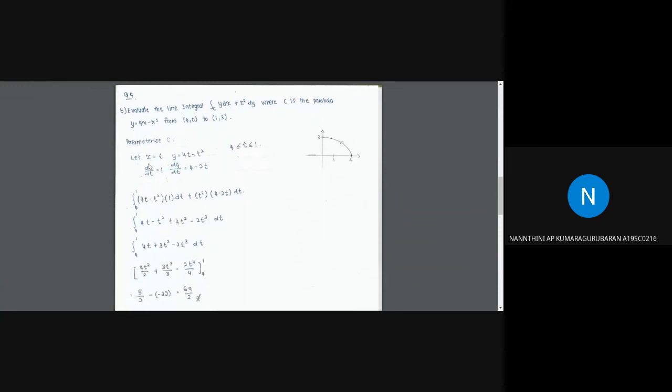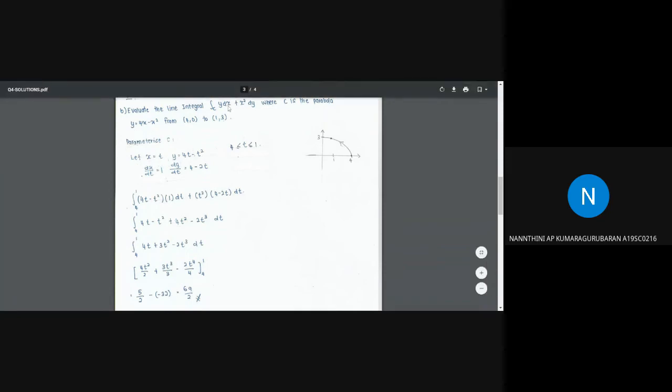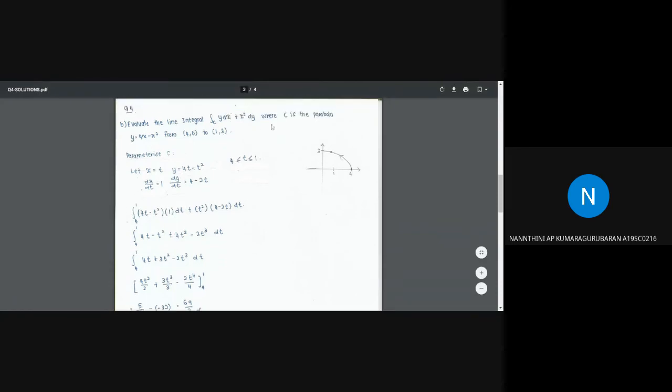So first we have to let x equals t, so that we get y equals 4t minus t squared. Since you see in the equation we have dx and dy, we have to differentiate x, so we get 1, and differentiate y, we get 4 minus 2t.